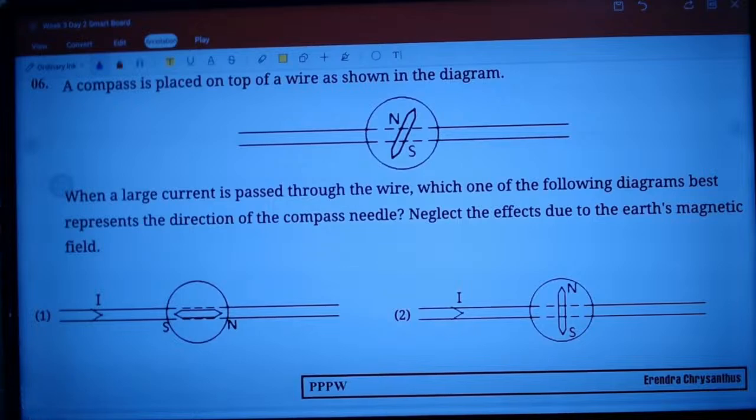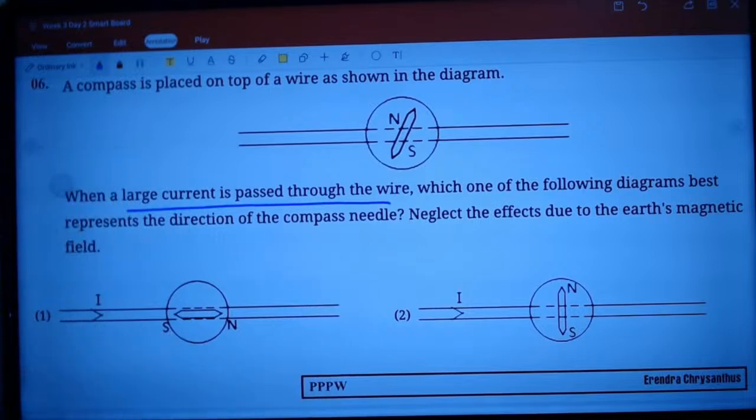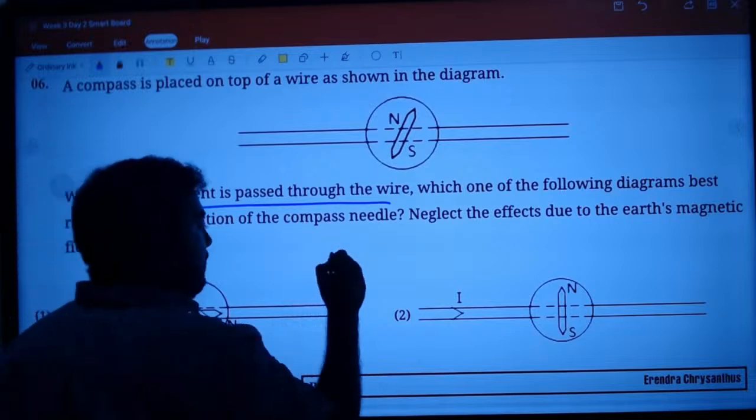Question number 6. A compass is placed on top of the wire as shown in the diagram. When a large current passes through the wire, which of the following diagrams best represents the direction of the compass? Now be careful, this is O-level work.